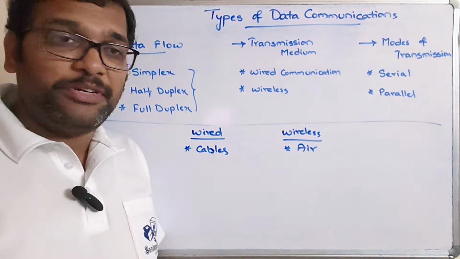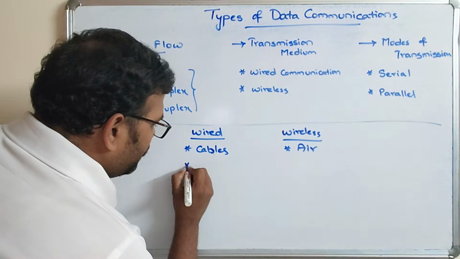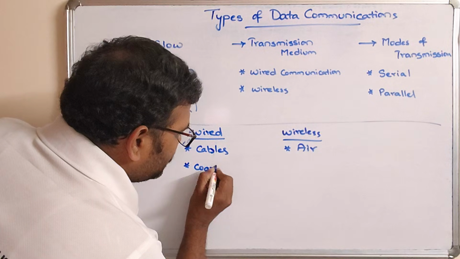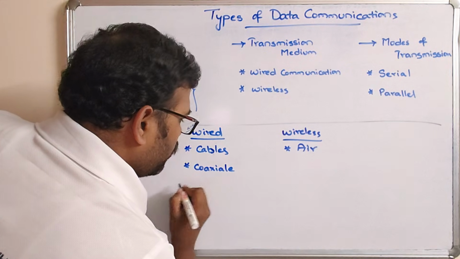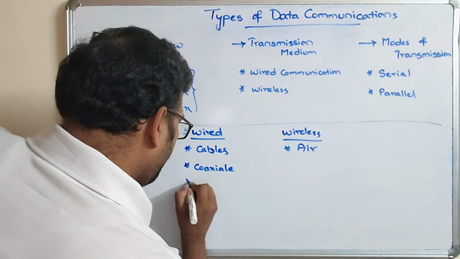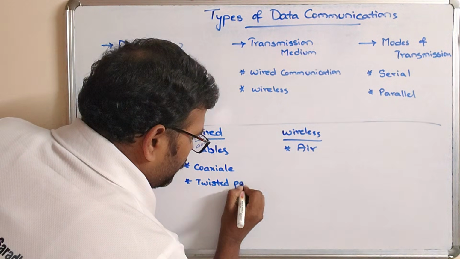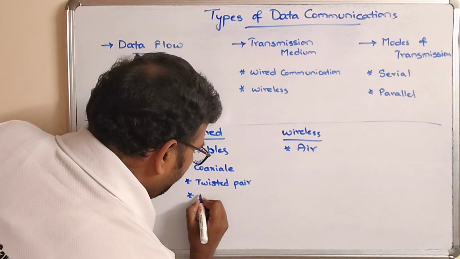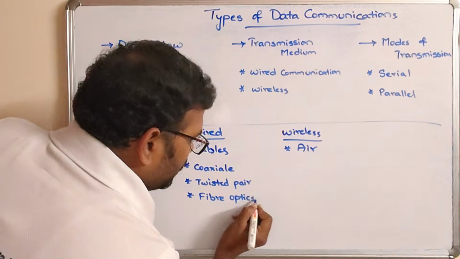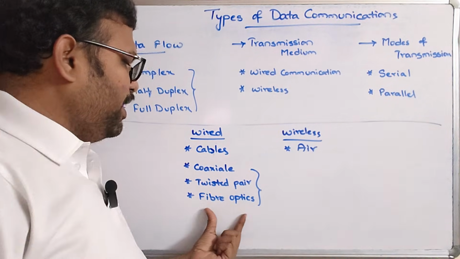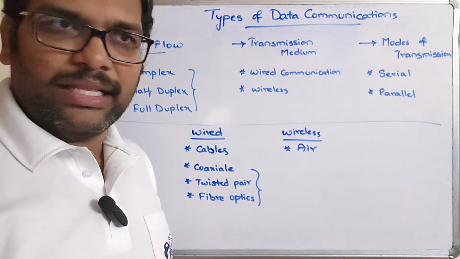Here the examples: coaxial cables, twisted pair cables, and fiber optics. So with these three, we use cables in order to transmit the data from one device to another device.